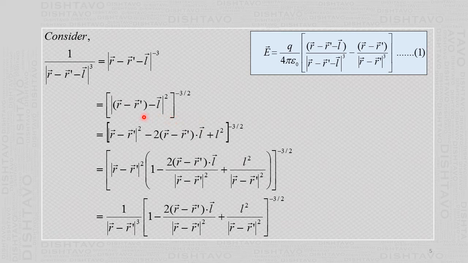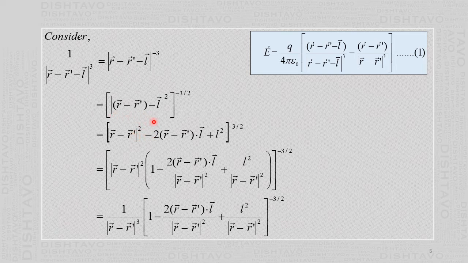Now here, this is a vector. So just like vector A dot vector A equals the modulus of vector A squared, that is A square, A square meaning modulus of vector A squared. In the same way here, x square is vector R minus vector R dash dot vector R minus vector R dash, that is modulus of R minus R dash square, minus 2xy.